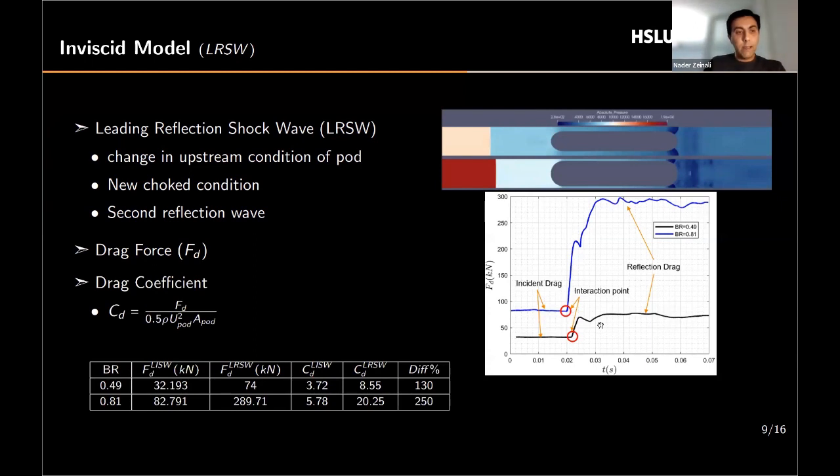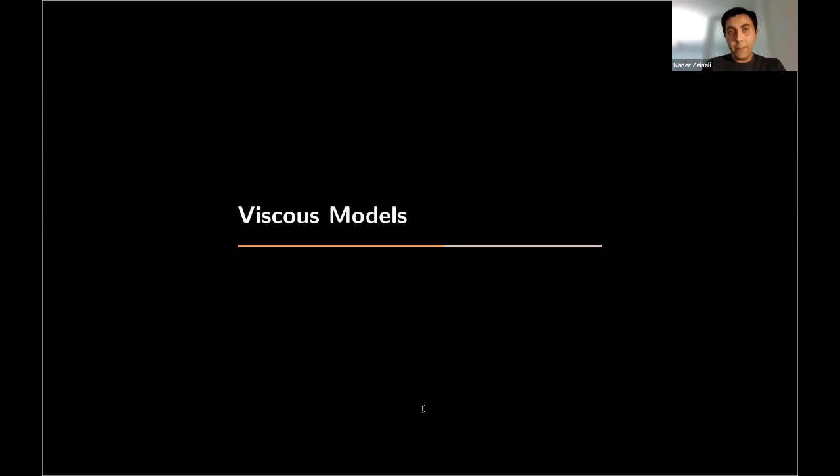And even you can see by calculating the drag coefficient, and in the table, the drag force induced by the incident and the reflection shock wave. The difference between these two drag forces is something around 250%, which actually should be taken into account in the design and the requirements.